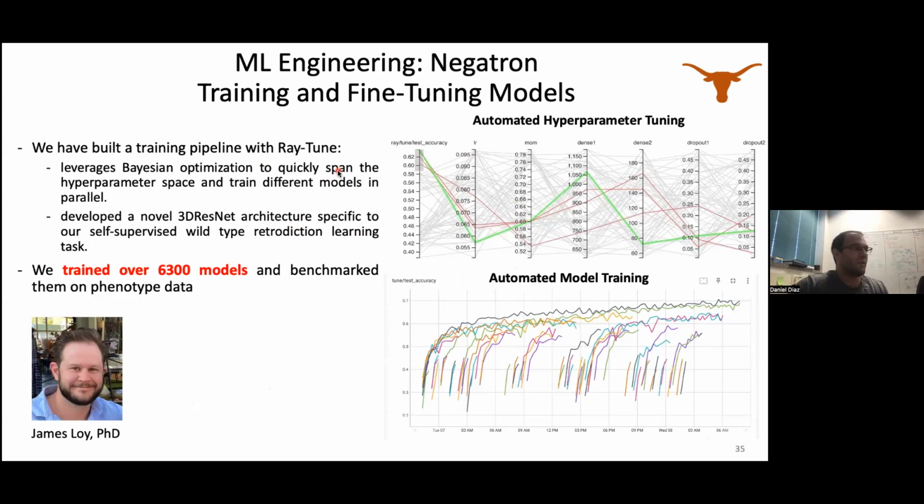We just use Bayesian optimization with RayTune, and we usually save the models iteratively while we're training as they hit different training accuracy checkpoints. So training models for the 50, 60, 70, 80, and 90% sequence similarity while saving them as they hit different accuracy checkpoints. That gave us over 6,300 models that we saved.